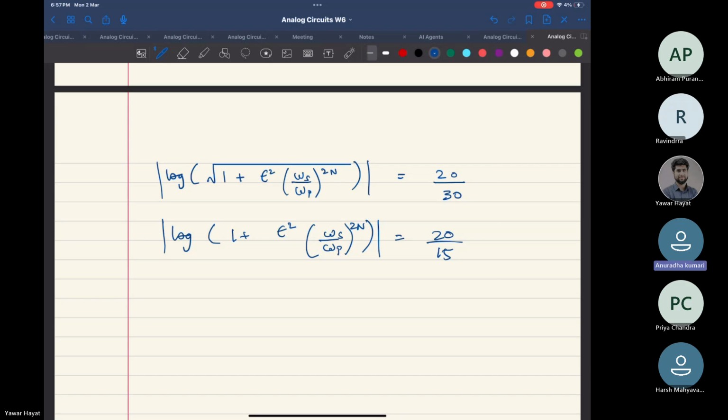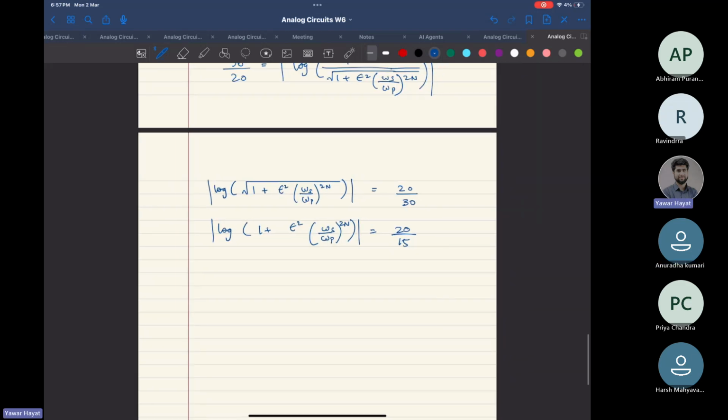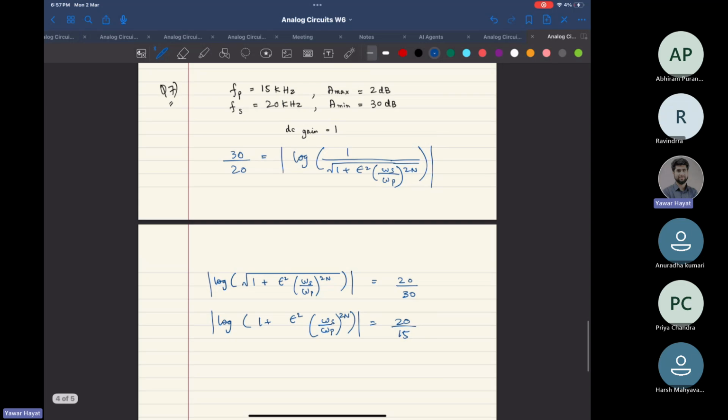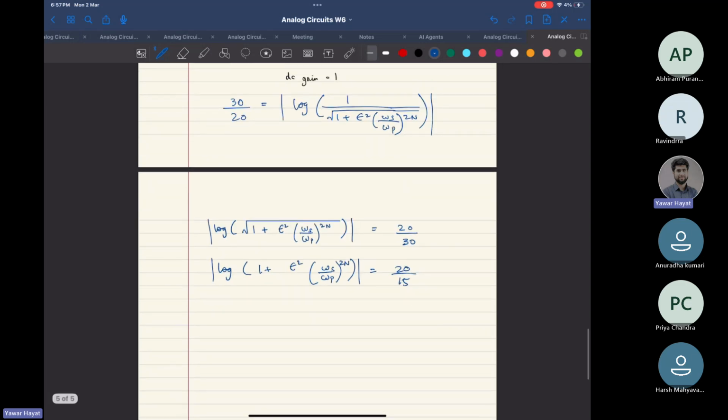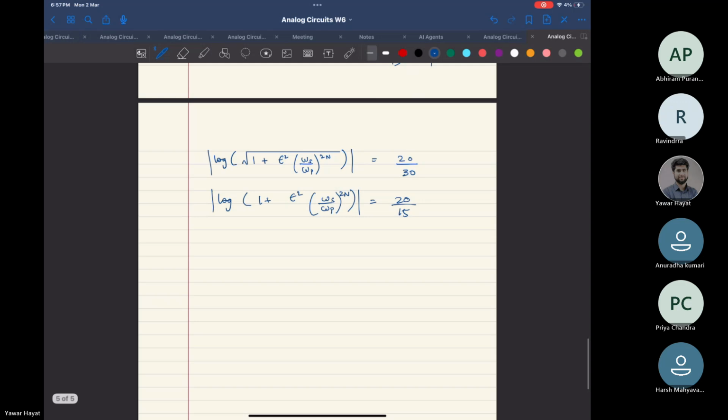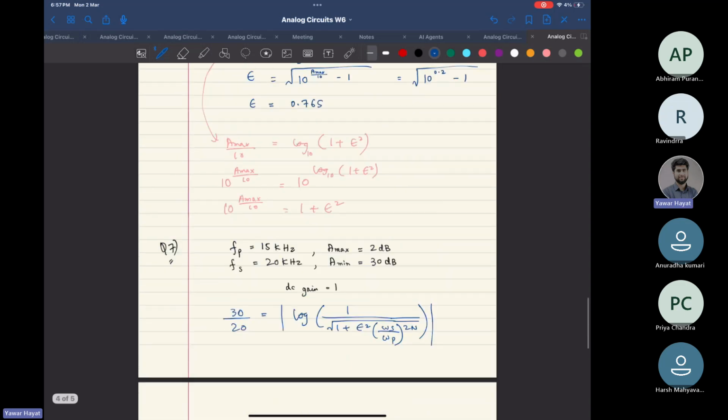Yes, sir. And then what we can do is, how much is omega s and omega p? Omega s and omega p are 20 and 15 respectively. So 20 by 15 is what? My epsilon is how much?